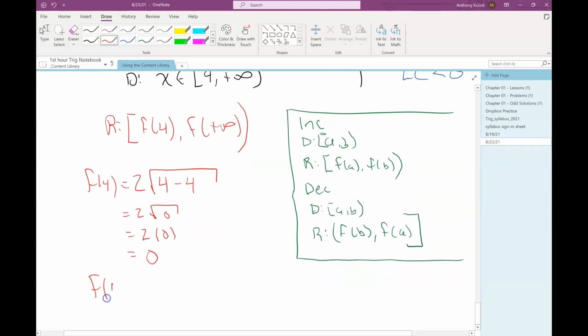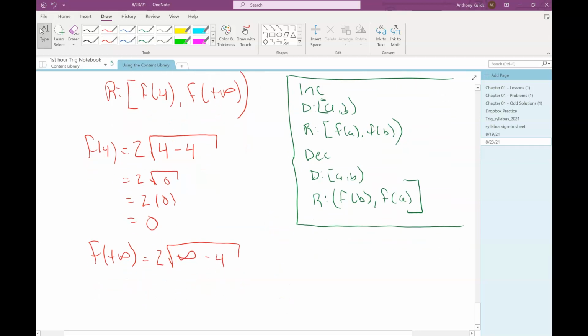If I did f of positive infinity, we'll do some kind of hand-wavy arithmetic here with the infinity in there, because if I take infinity and I subtract 4 from it, what do I have left? Still infinity, right? Infinity is so big that subtracting 4 doesn't matter. And if I have infinity, I take the square root of it.